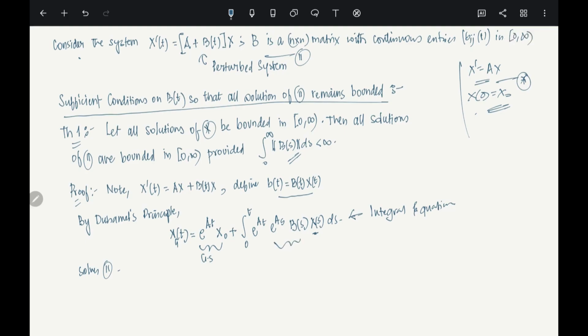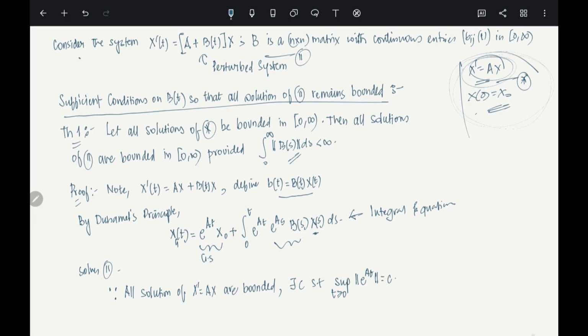Here, you see that since all solutions of the homogeneous problem x prime equals Ax are bounded, that is given, there exists C such that the supremum over t positive of the norm of e to the power At is at most C. Is this okay?